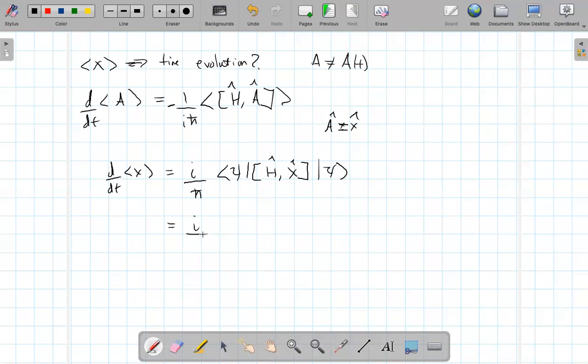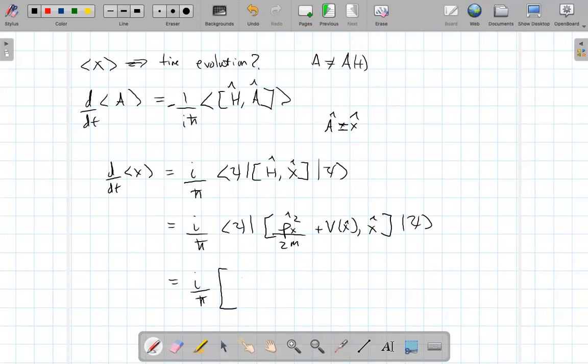So let's write this out. This is equal to i divided by h bar times the expectation value of the commutation relation of the Hamiltonian, which is p_x hat squared divided by 2m plus V of x, with x. So this guy is going to be written as i divided by h bar times 1 over 2m times the expectation value of the momentum operator squared commuting with the position.